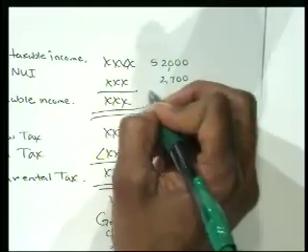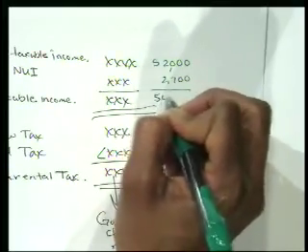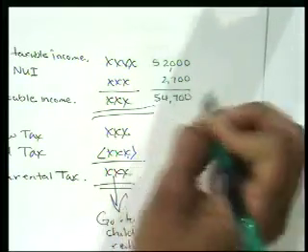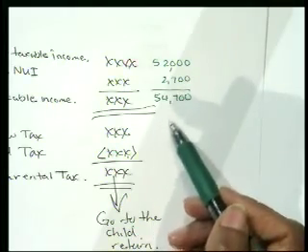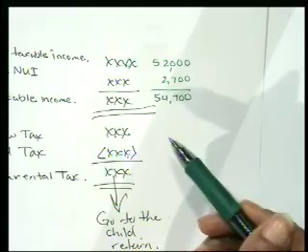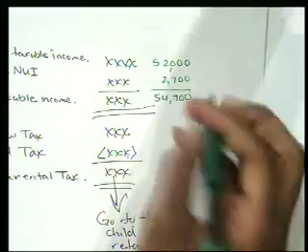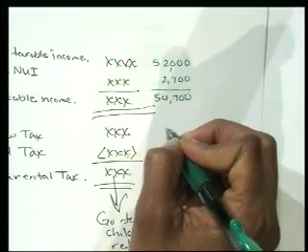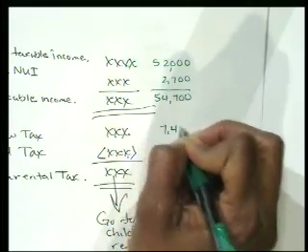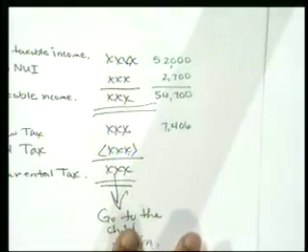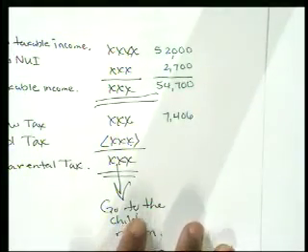Okay, and so we get $54,700 as a new taxable income. Then we want to calculate tax on that. We can look at the chart in the back. We get a new tax of $7,406. Okay, the new tax comes from the tax table, $7,406.